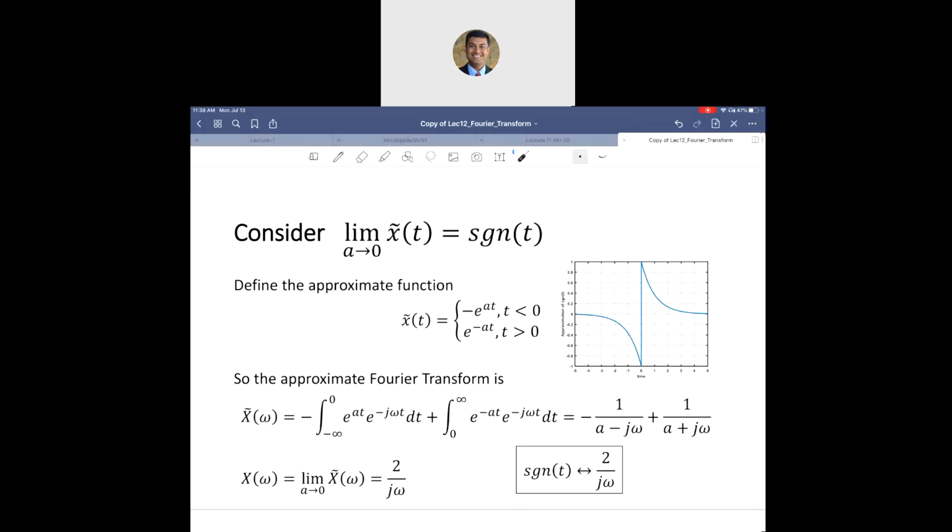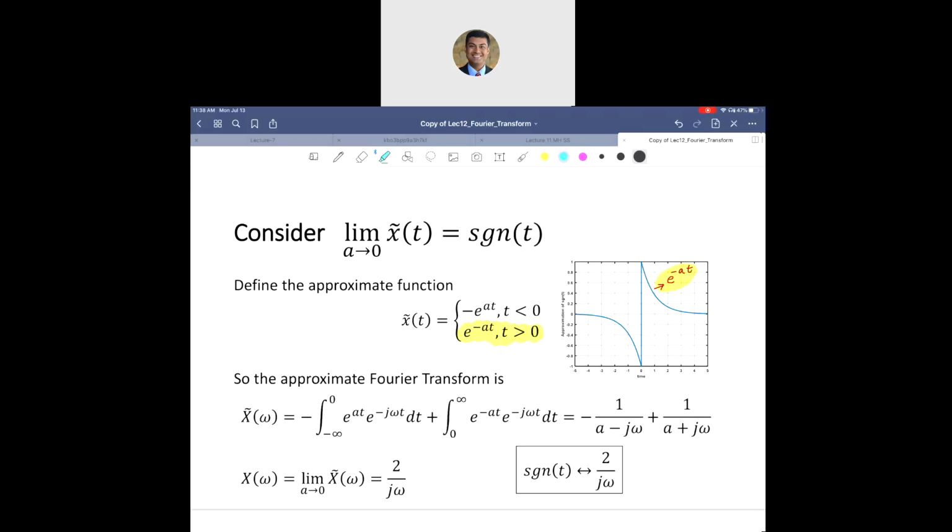And the trick is this. The trick is, consider a new function x prime of t with a tending to 0, which is defined as the sine function. So look at what we are doing here. This is what is x prime of t. X prime of t is defined as e to the minus at, that is the one that is yellow here, for time greater than 0.